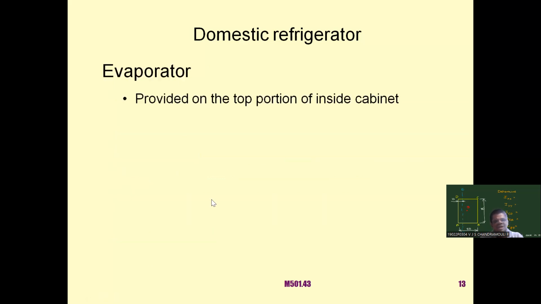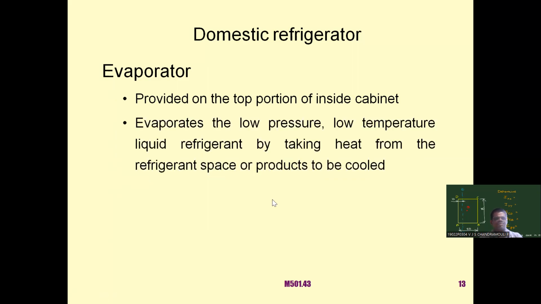And the next one is evaporator. This is generally provided on the top portion of the inside cabinet. The entire unit is called the cabinet, so this evaporator is provided at its top. In this evaporator, the liquid refrigerant entering is at low pressure and low temperature, and it absorbs heat from the space or the products in the refrigerator, and this liquid refrigerant is converted into vapor.